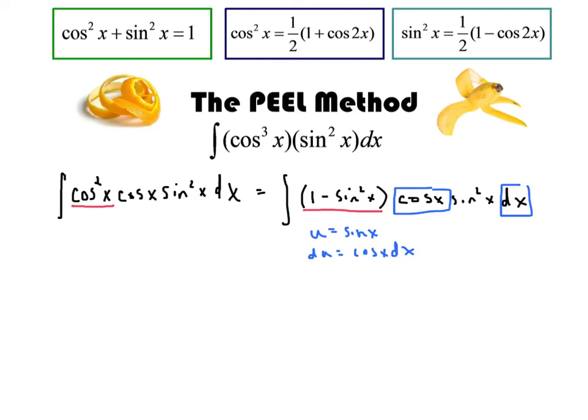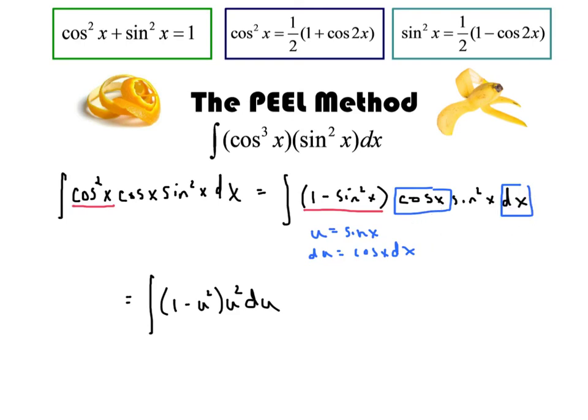So my integral becomes 1 minus u squared multiplied by u squared du. Let me just point out where all this came from. Remember that u is equal to sine. 1 minus u squared, and then everything in blue here becomes du.